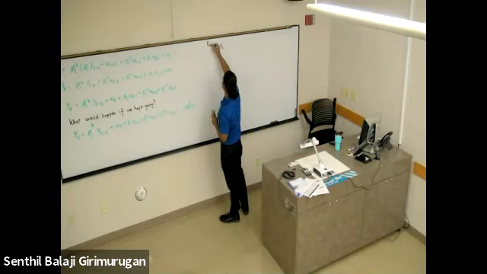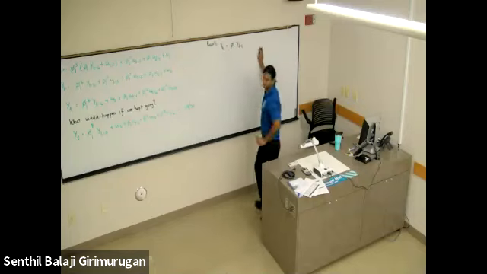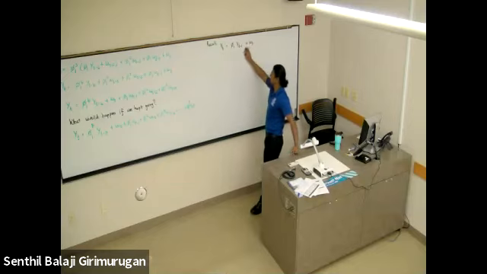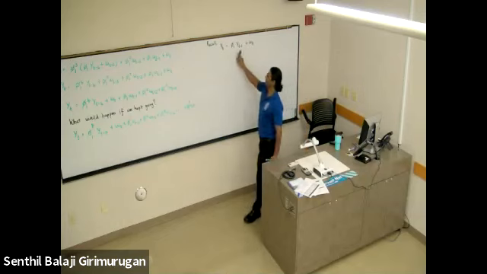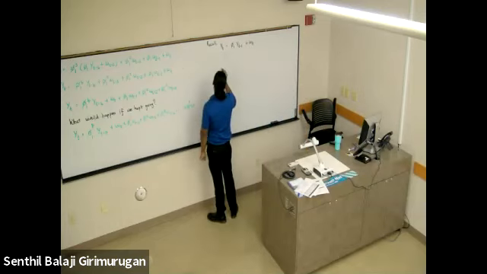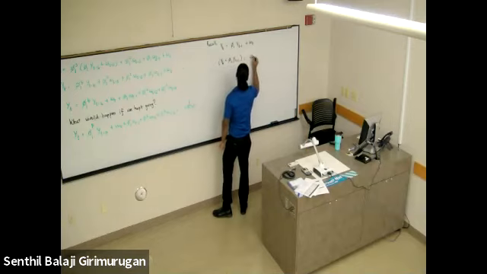To recall, y_t is phi1 y_{t-1} plus w_t. If I move this to the other side, I will have y_t minus phi1 y_{t-1} equals w_t.